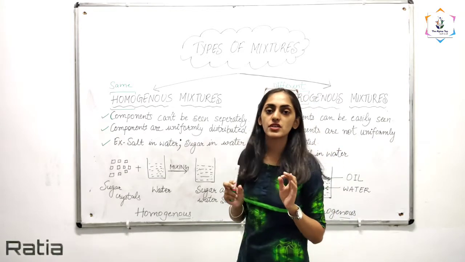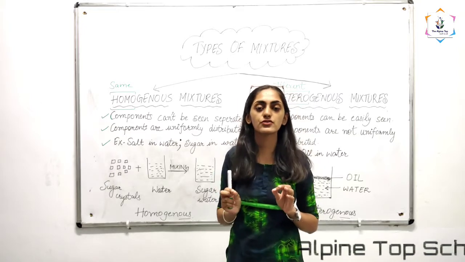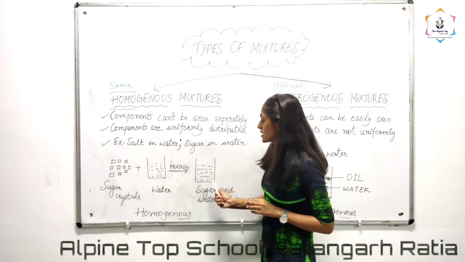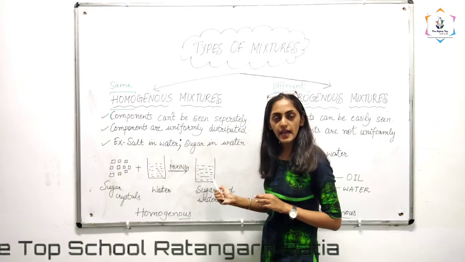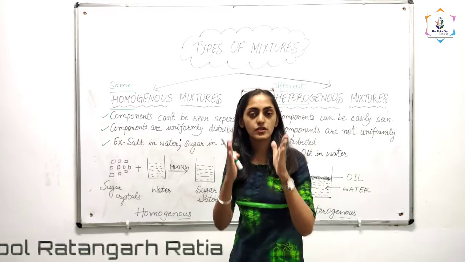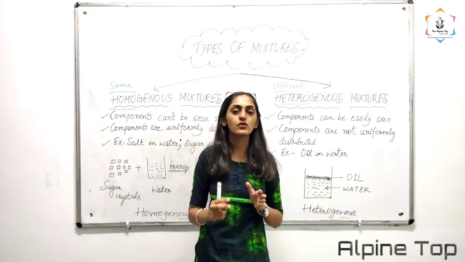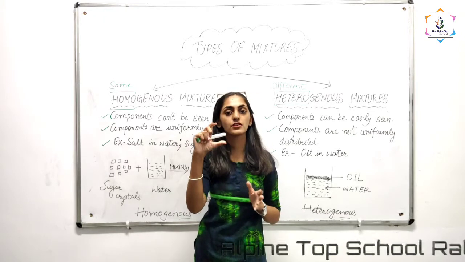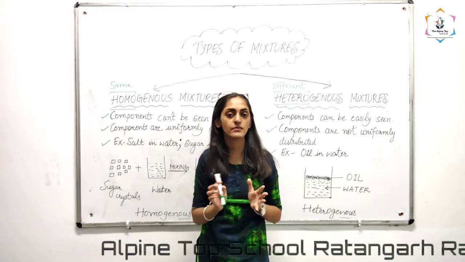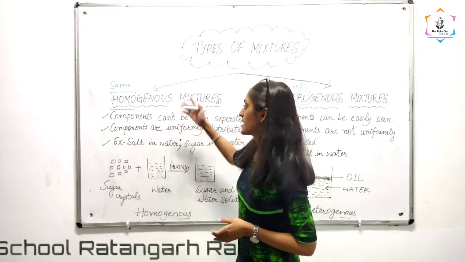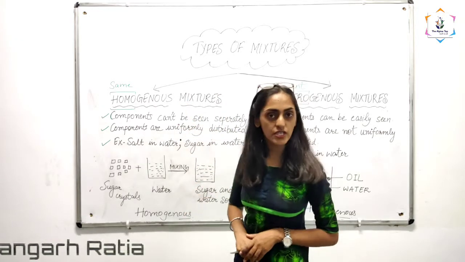The color may change a bit, the water may become slightly blurry, but the components won't be seen and the whole water will be uniform. It won't be that you see sugar crystals on top and water below. No, it will be uniformly distributed. These kinds of mixtures are called homogeneous mixtures.